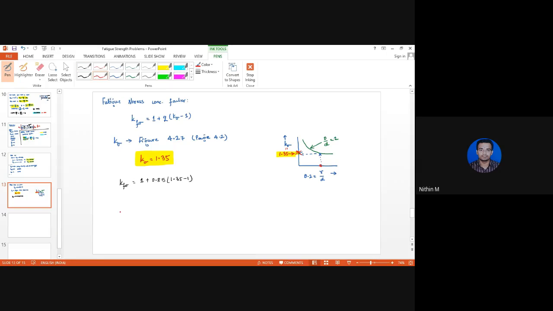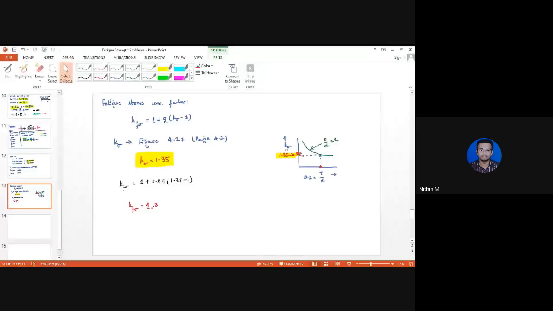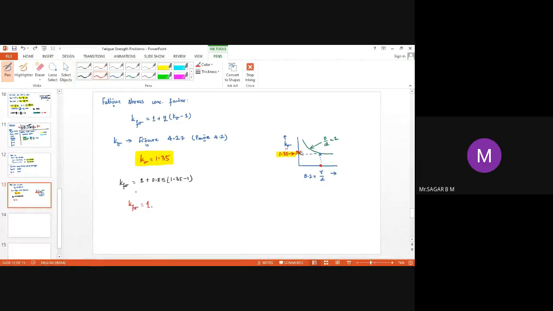So what will be the value of KF sigma? Can someone solve and tell me? 1.35 minus 1 is 0.35. 0.35 into 0.85 comes to how much? It comes to 0.3 something. 1.3, sir. If rounded off, 1.3? Okay. So KF sigma is 1.3.